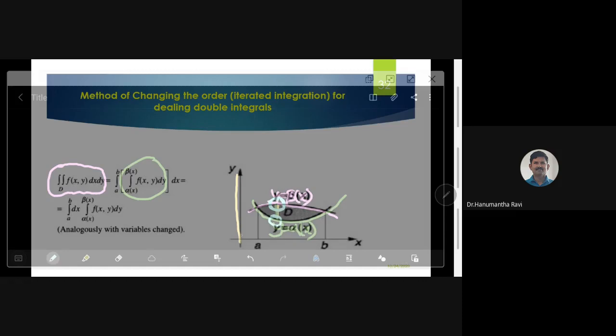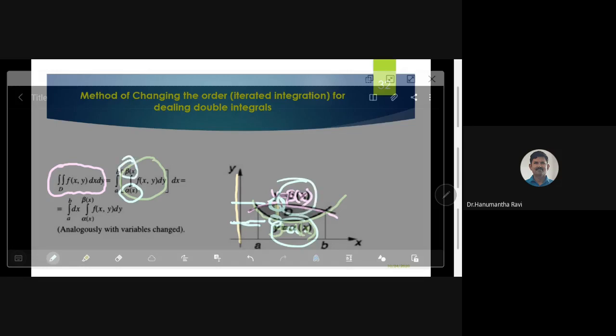The y value here is naturally y is equal to alpha of x. When we are measuring along the y-axis, we measure from bottom to top. If we are measuring along the x-axis, we measure from left to right. So y varies from alpha x, see here, it is alpha x here, it is beta x here. So we wrote alpha x to beta x.